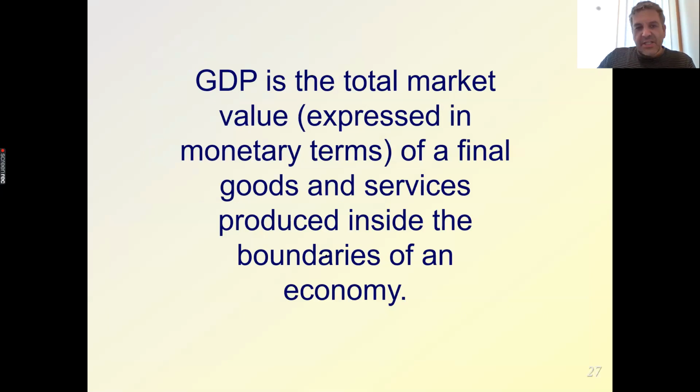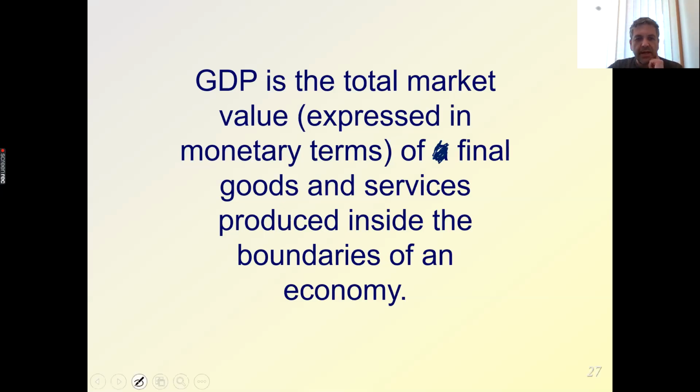So let's define GDP here, as a consequence of everything that we have been talking about, as the total market value, because we're saying how much people pay for the goods in the market, expressed in monetary terms, of final goods and services produced inside the boundaries of an economy. GDP is the total market value of final goods and services. Let me correct this. All final goods and services produced inside the boundaries of an economy.